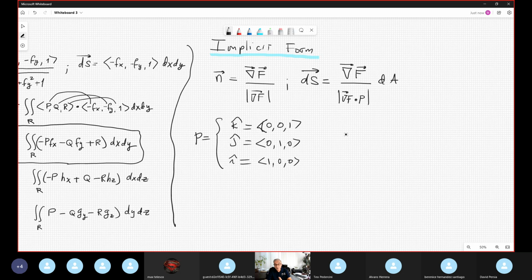Suppose a more popular scenario, que es dS vector is the computation, the gradient of the implicit function divided by the gradient dot product k. Entonces we have dA transformed like a dx dy, because k is a vector que is perpendicular to this plane.